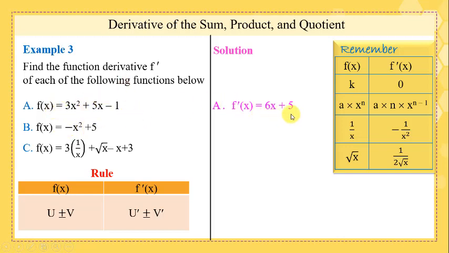We get 6x plus 5. The second example, minus 2x here plus 5 will become 0. Constant derivative is 0. Here it will become 3 into minus 1 over x squared plus 1 over 2 radical x minus 1 plus 0. Look at the calculation.